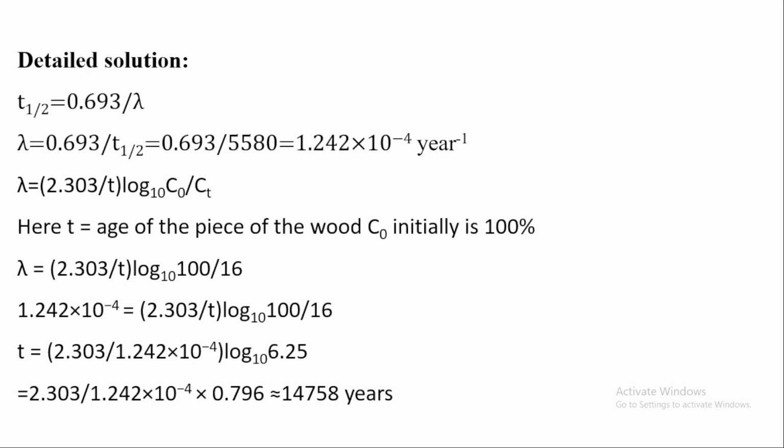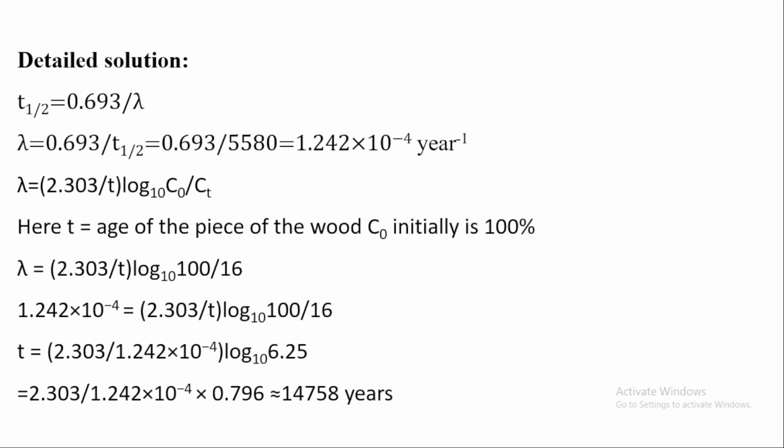So 1 by T ln C0 by Ct is equal to 2.303 by T log C0 by Ct. So basically ln x is equal to 2.303 log x.